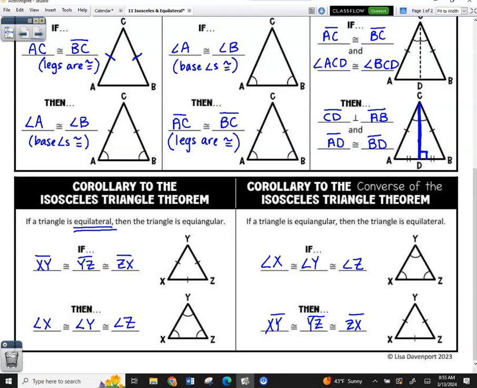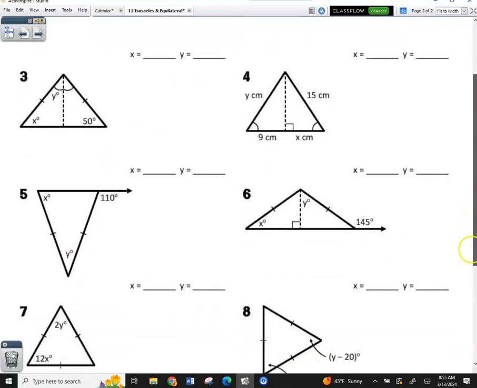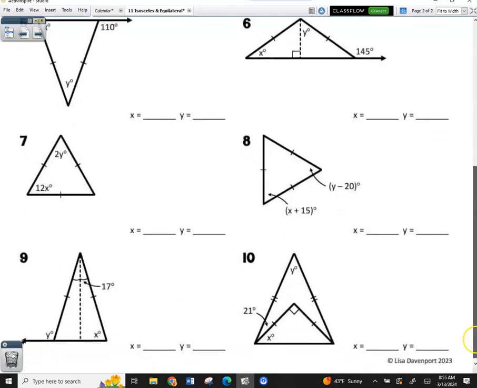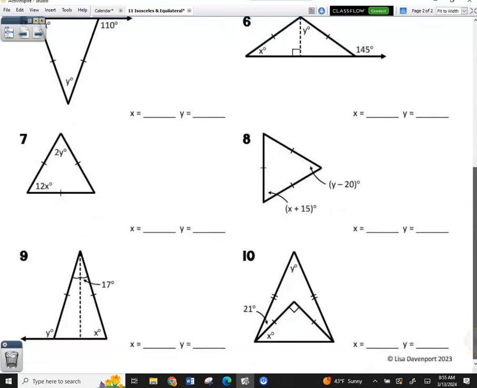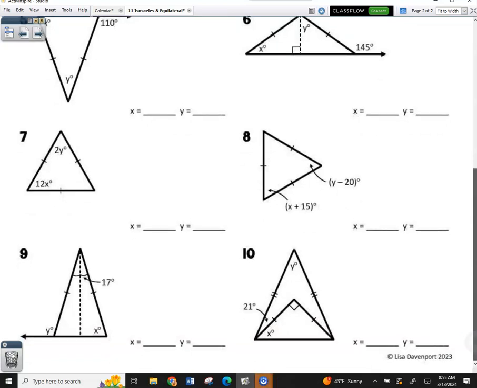It's a grade, okay? Let me flip over to the back and see if I see any that are going to be ridiculous. Number 10, if I had to guess, is probably the most challenging.